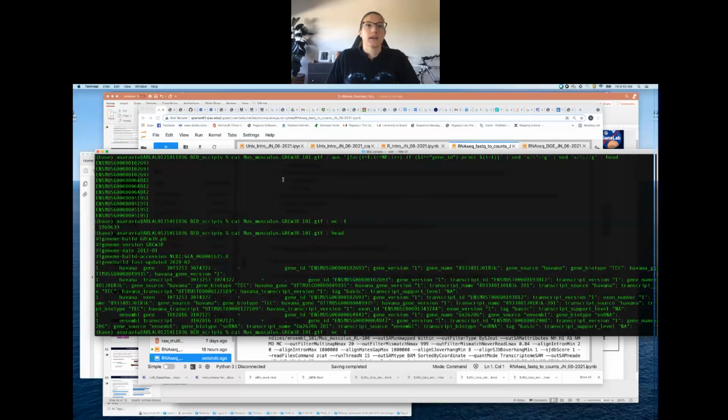Let me make this cleaner. Looking at this annotation file, we see gene_id followed by the Ensembl ID for that specific gene that's represented in that line of the annotation file.